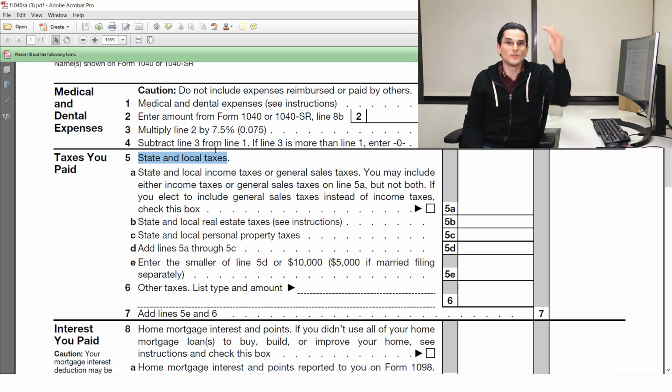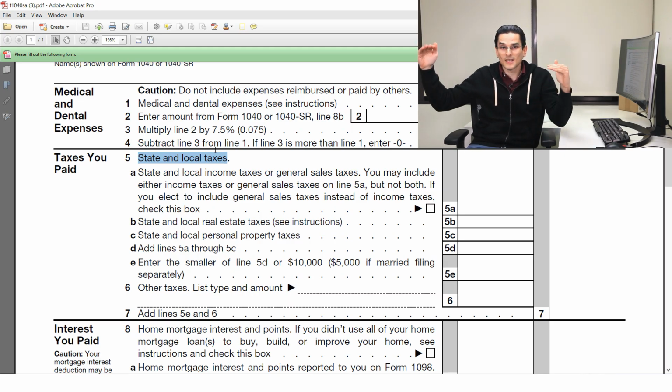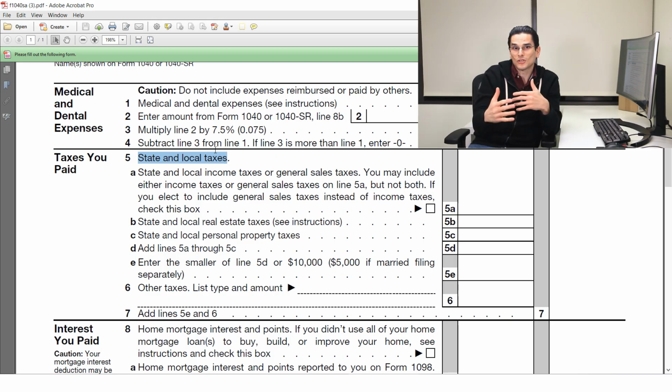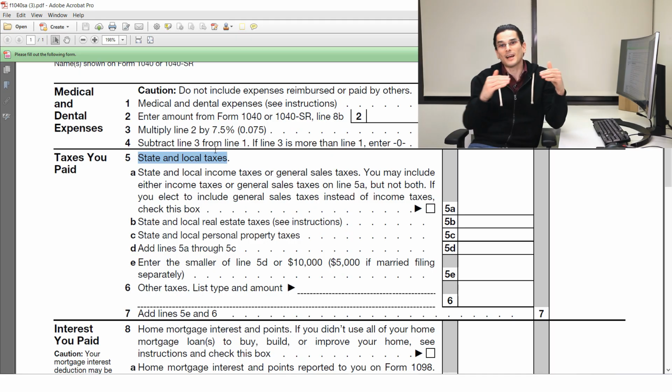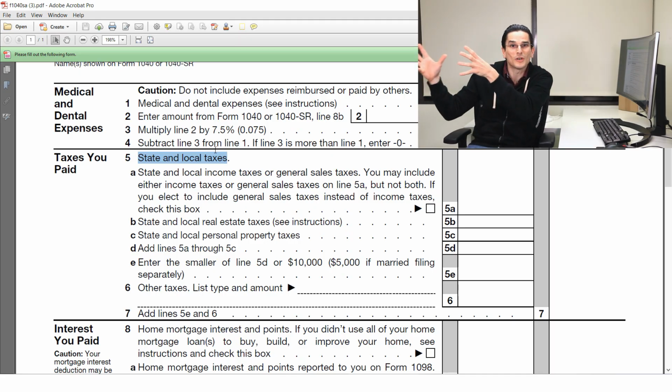And it makes sense because if you deducted $10,000 in state and local taxes, but you received a refund of $2,500 of those in tax year 2019, then essentially the net deduction that you should have taken is $7,500, but you took $10,000. That's why that $2,500 should then be included in income in tax year 2019.